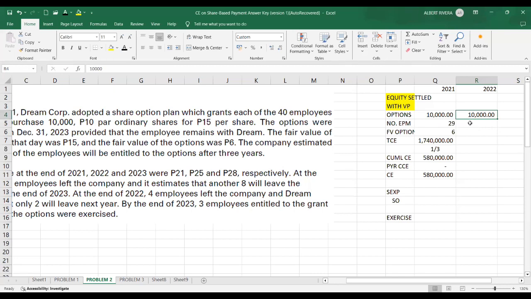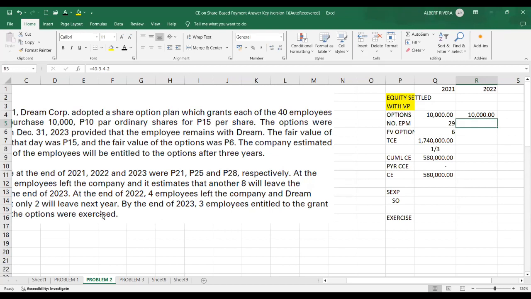We'll start with 40 employees. In 2021, the actual employees who left is equivalent to 3. And for 2022, 4 employees left the entity. So that is 40 minus the prior year's number of employees left, 3, minus the actual employees left in 2022, and the estimated number of employees to leave the company at the exercise date, and that is also 2.